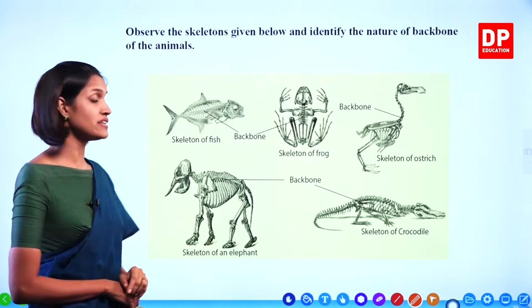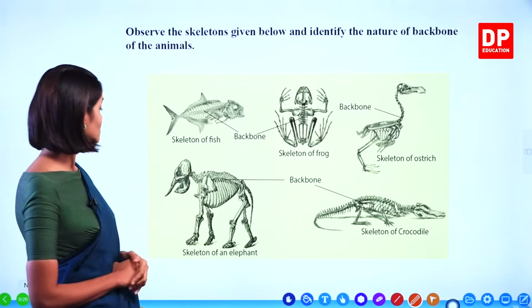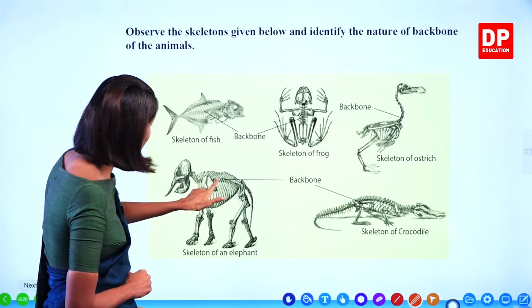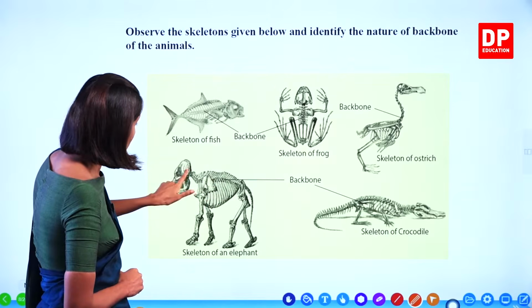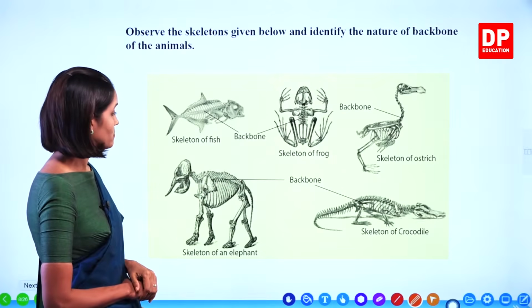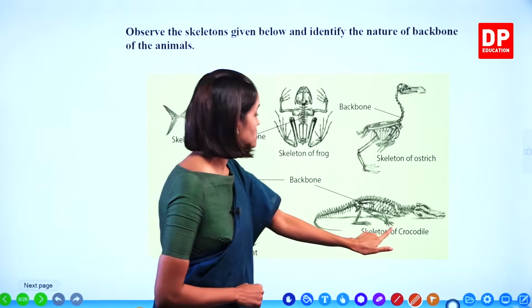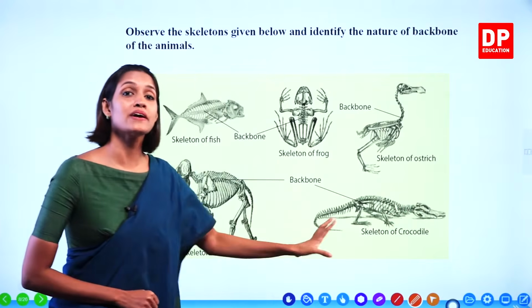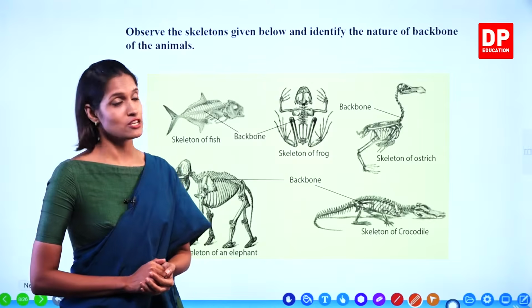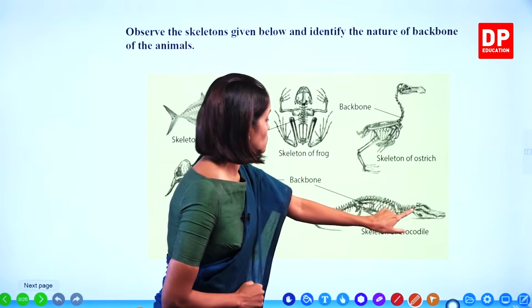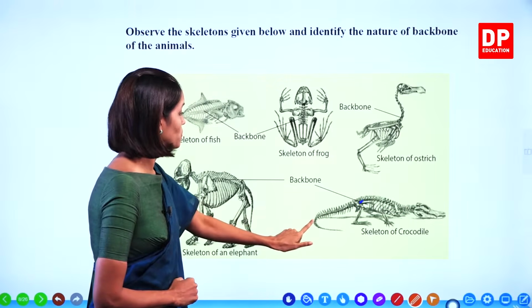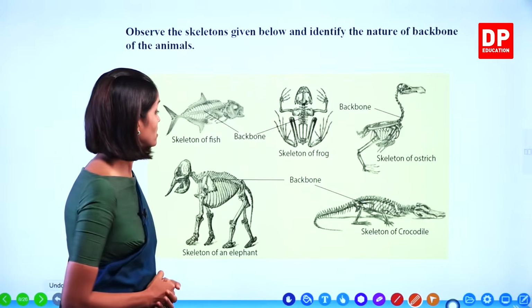Elephant comes under mammals. Okay, so this is the backbone or the vertebral column. And this is the skeleton of crocodile. Crocodiles come under reptiles. Okay, so look at this one. This is the backbone or the vertebral column.